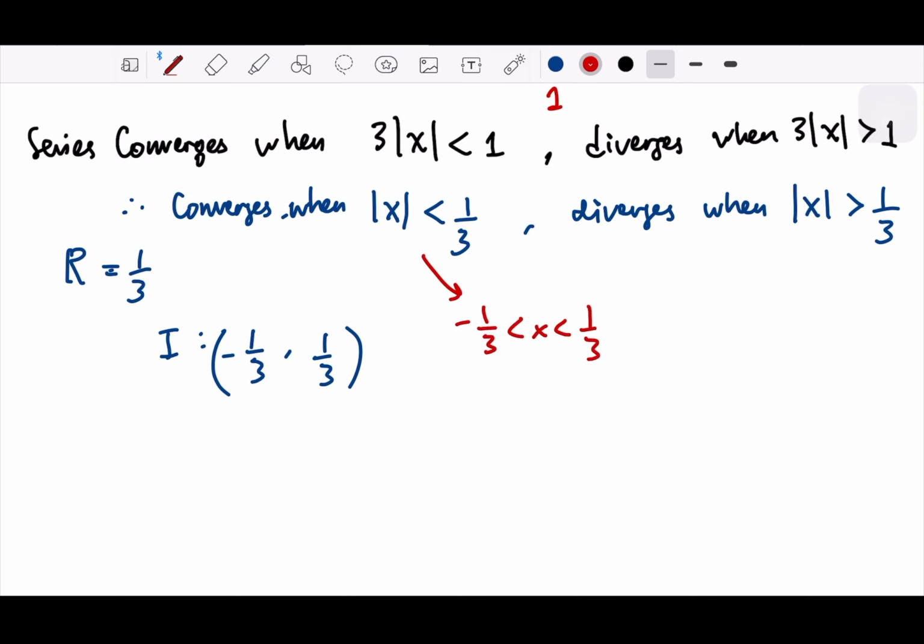Okay. The next step is to check whether we need to include these numbers or not for the interval. Okay. So we need to check if x is negative 1 over 3 and if x is 1 over 3.